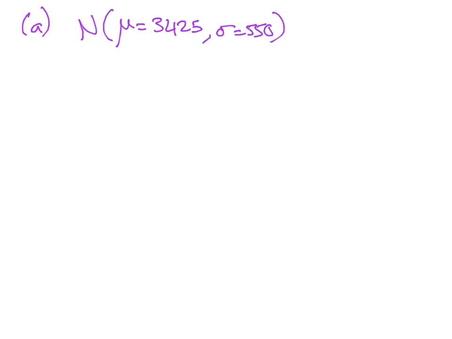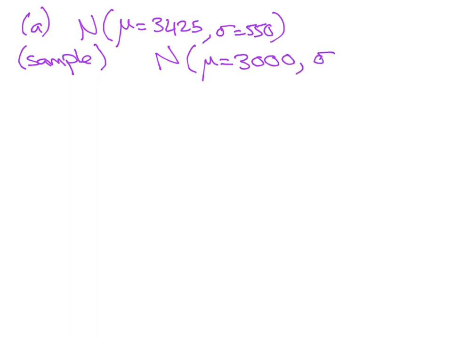So we've got the data from part A is normal with a mean of 3,425 and a standard deviation of 550, versus the new data, the sample, that is approximately normal in shape with a mean of 3,000 and a standard deviation of 750.